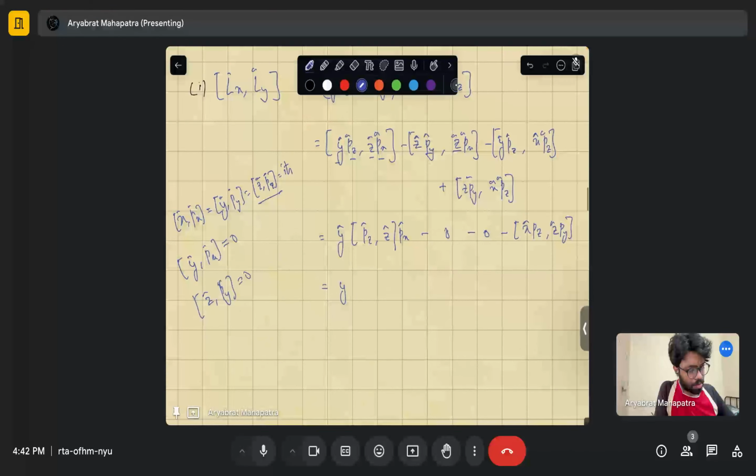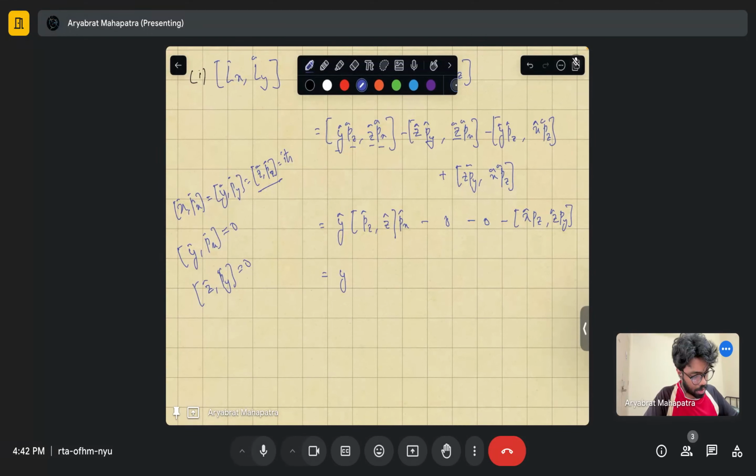So basically the commutator of a, b is equal to negative of the commutator of b, a.